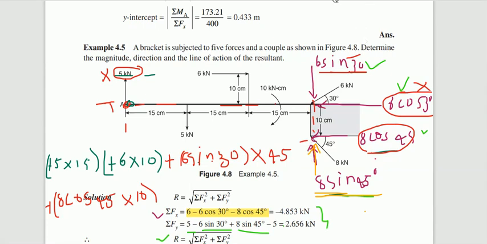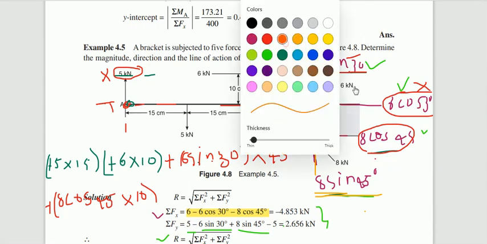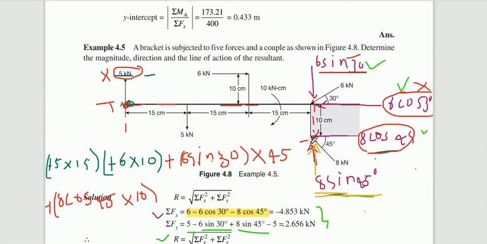That is correct. You can observe 8 sin 45 means our force is here. This is the line of action of that force and the point is here. The total distance is 45.